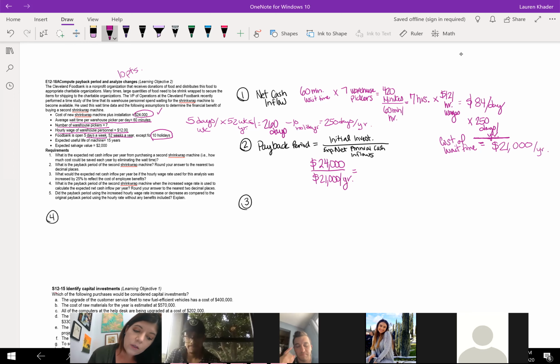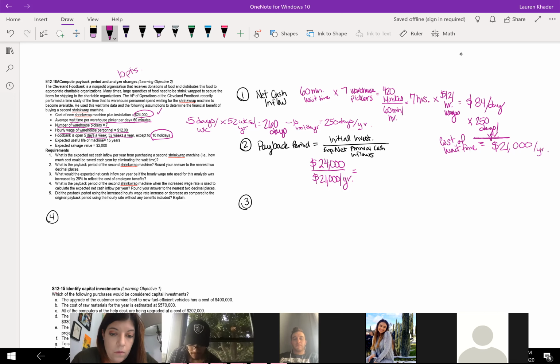And this investment is going to pay back within what period of time? 1.14 years.